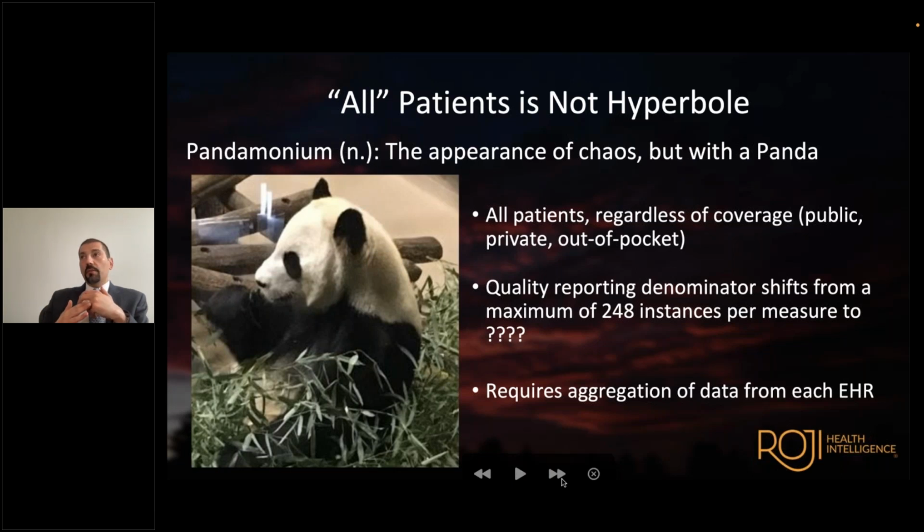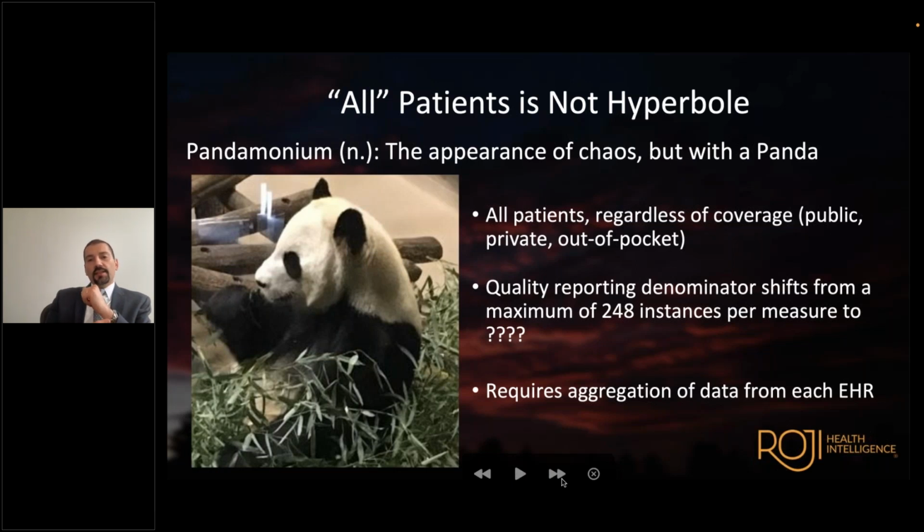And what that means is that you have to aggregate data from each EHR. With the CMS web interface, what a lot of ACOs are able to do is have a series of nurses go out to each individual practice, ensure that if there is one of those patients on that 248 patient sample, they're able to essentially audit charts and determine what is the response for that patient for that measure.